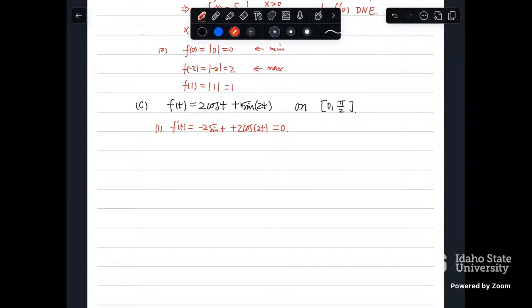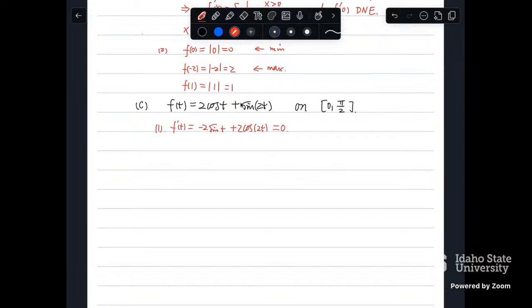Okay. So how do we solve this equation, right? The idea is we have sine t here, and we have cosine 2t. They are different angles, right? Usually it's difficult to solve if you have different angles.